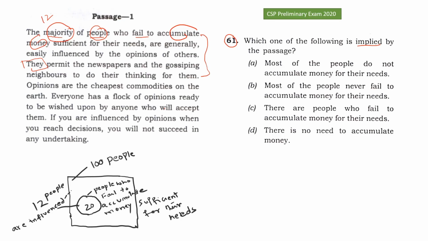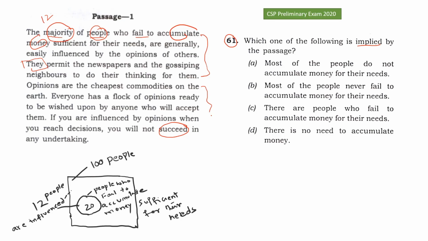Now, opinions are cheapest. The story is changing here. Opinions are the cheapest commodities on the earth. Everyone has a flock of opinions ready to be wished upon by anyone who will accept them. If you are influenced by opinions when you reach decisions, you will not succeed. Oh God, you will not succeed. From here, the story is changing.